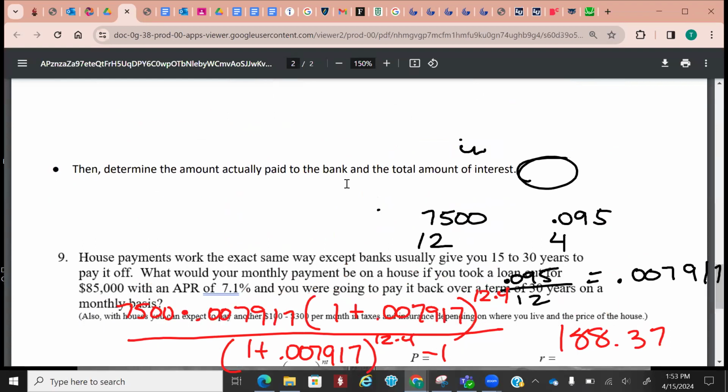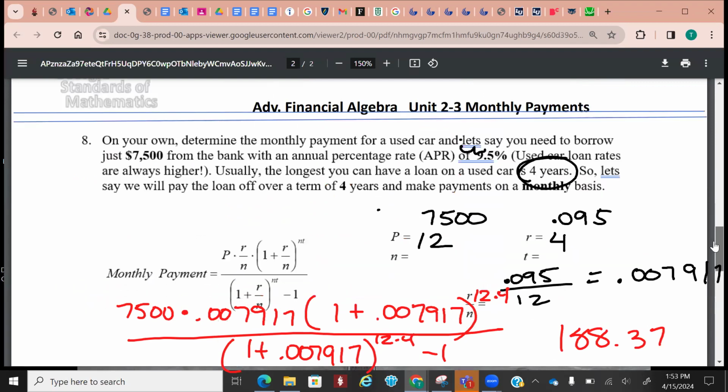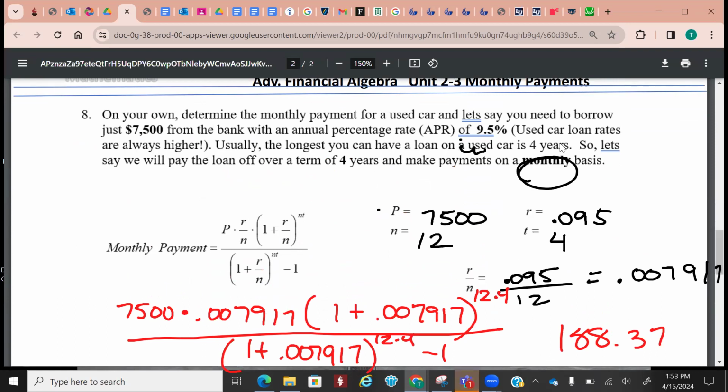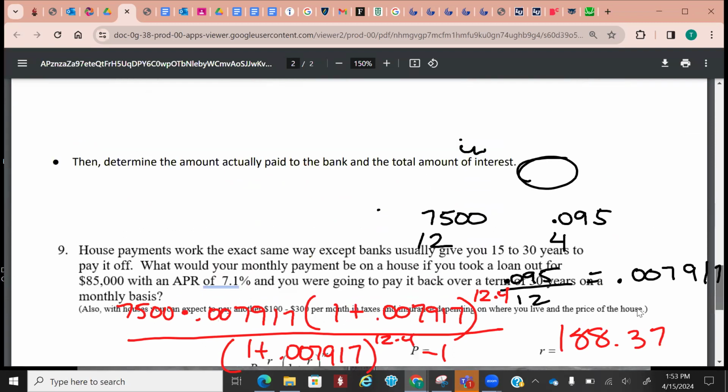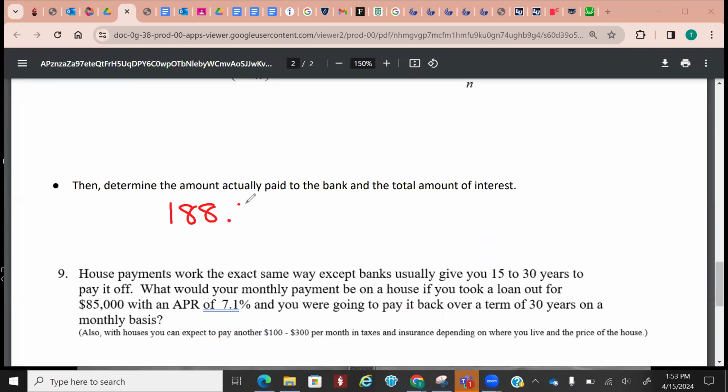Then determine the actual amount paid to the bank and the total amount of interest. What we're going to do there is start with 7,500. You got these monthly payments and you're doing it for 4 years on a monthly basis. So we're going to take 188.37, and do it for 12 months for 4 years.